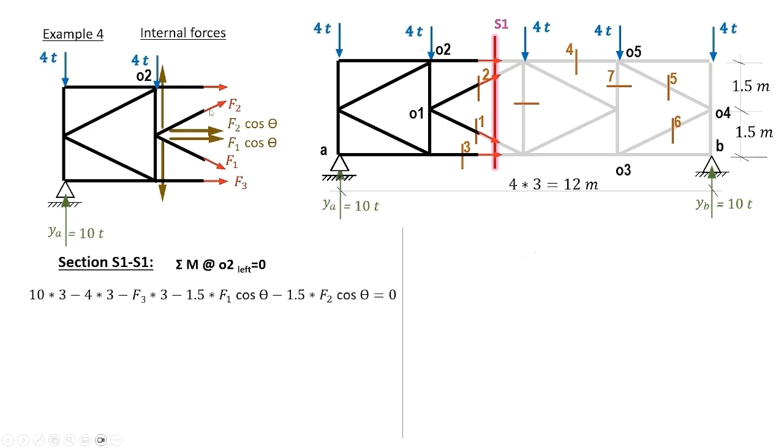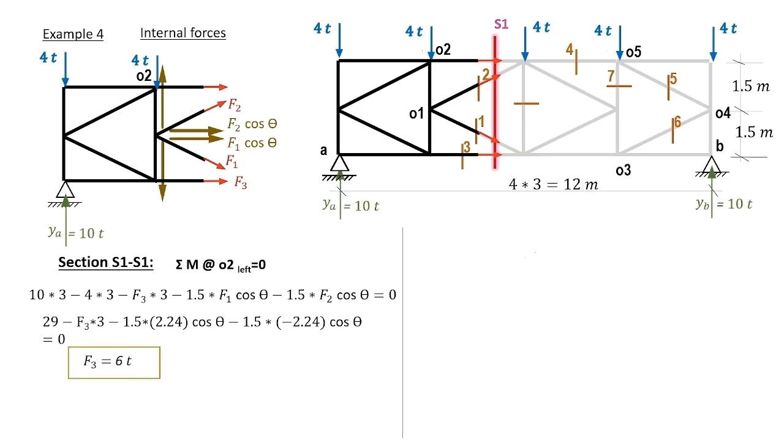F1 and F2 are previously computed, so we are left with the only unknown F3. Substituting for F1 and F2 from the previously computed results, we get that F3 equals 6 tons. This is the third member in the truss to be computed.